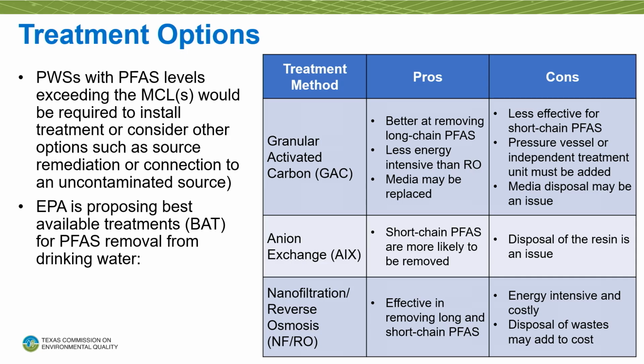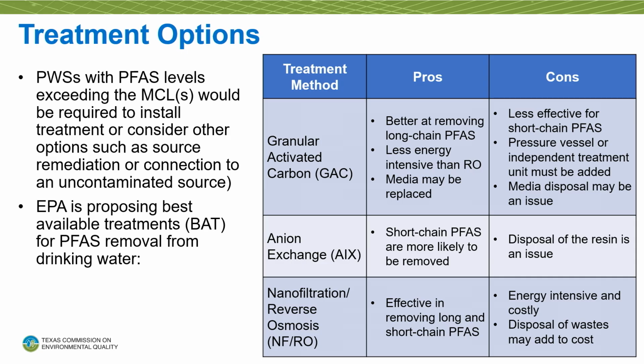And then real quick, just to go through some treatment options. So this chart here is the EPA's proposed best available technology for PFAS removal. The first one here is granular activated carbon. It's better at removing long chain PFAS, and examples of long chain PFAS are PFOS and PFOA.